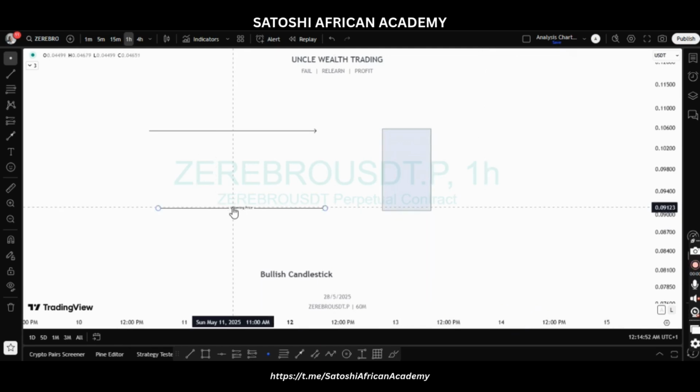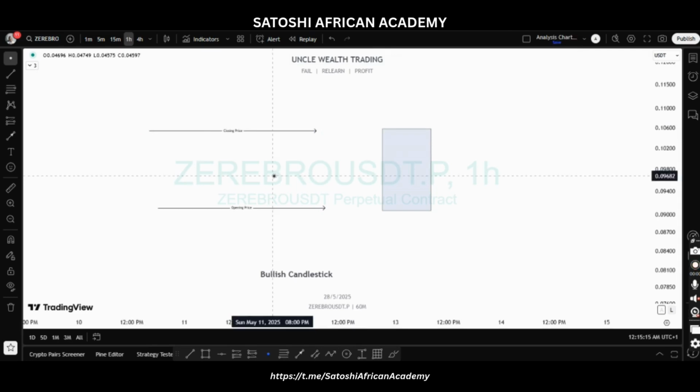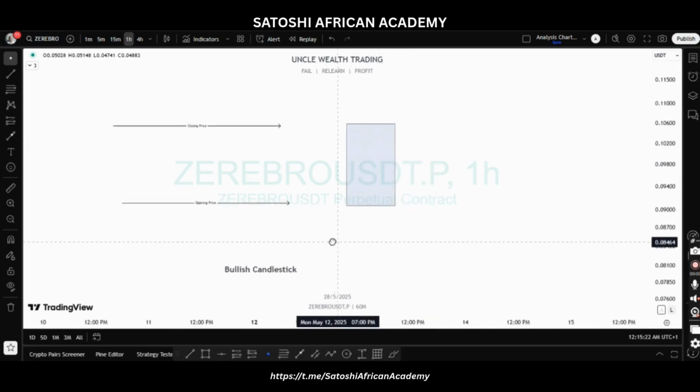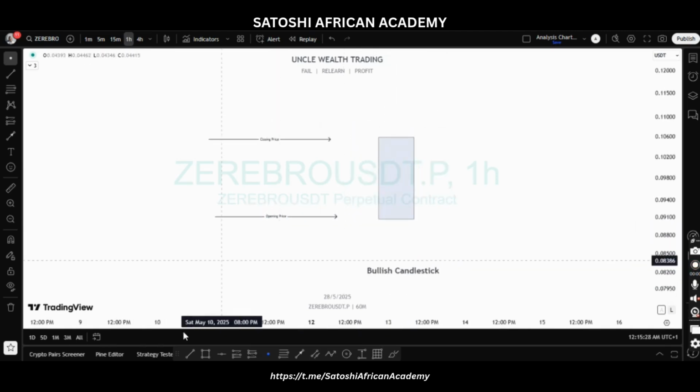Here is going to be the opening price, and here this level up is going to be the closing price. So this level up here is the closing price and this level down here is the opening price of a bullish candlestick.